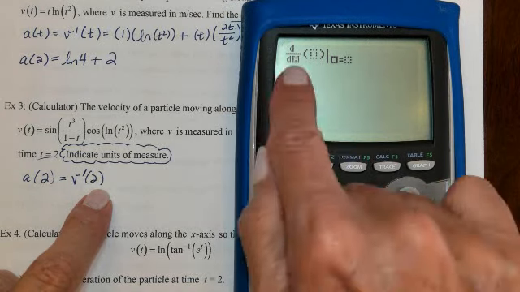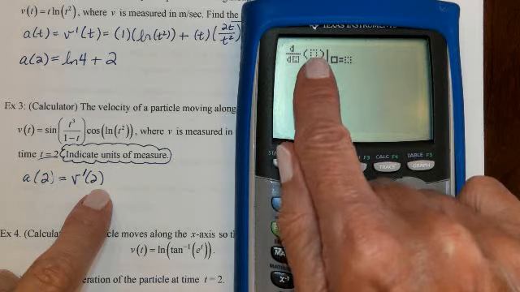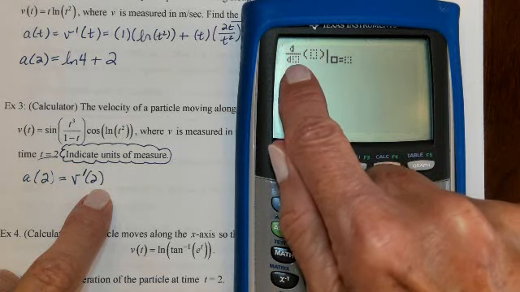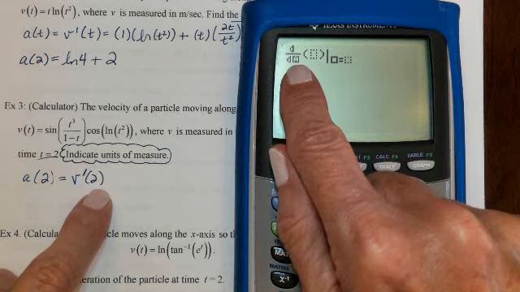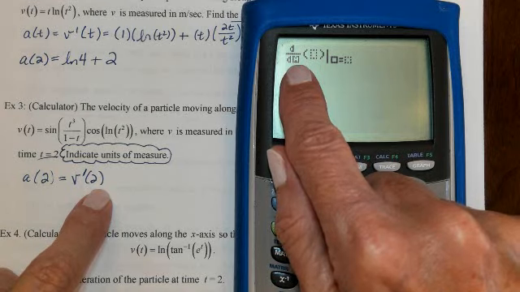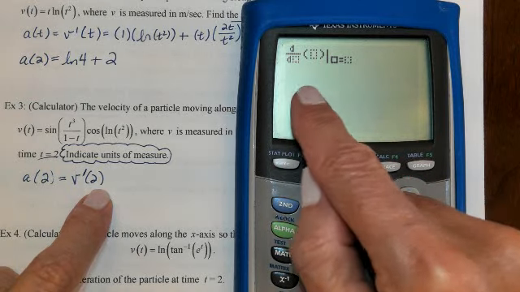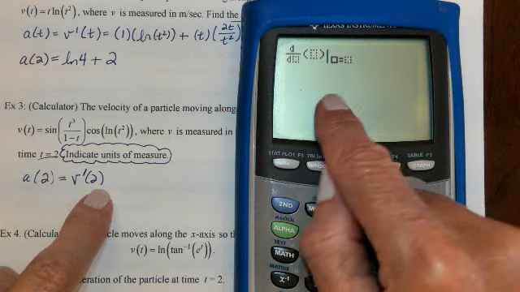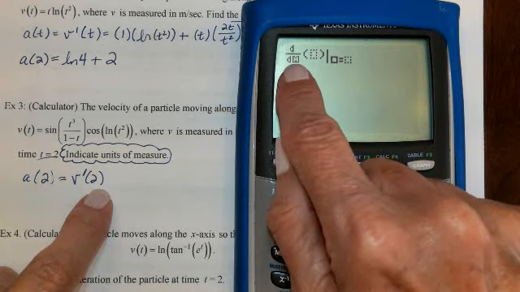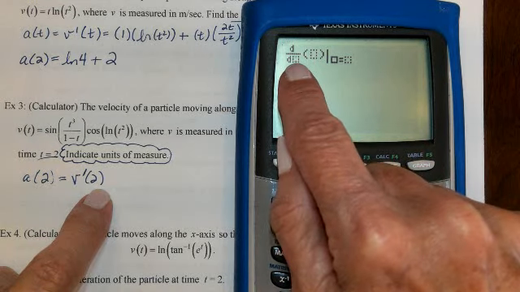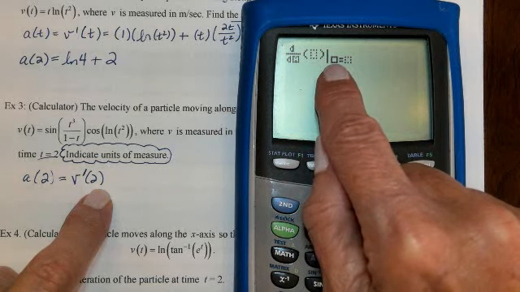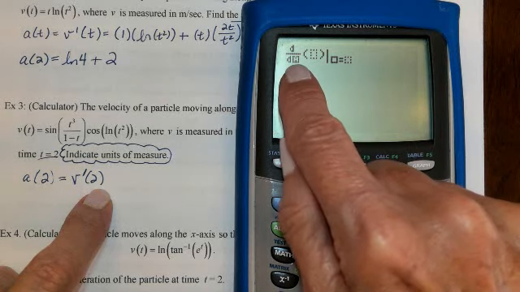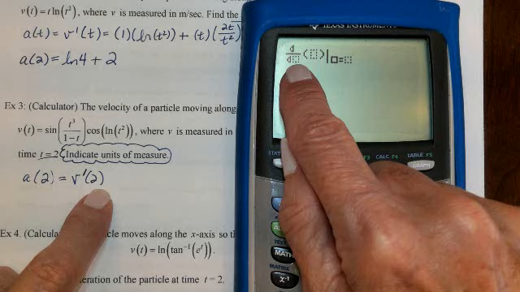All right, and here's our derivative screen. Okay, in this first flashing box, you're going to put the variable that is in your problem. Or you can just use any variable because the calculator will read it correctly. Whatever variable we put here will automatically go over here. So we're taking the derivative with respect to t, x, y, whatever.